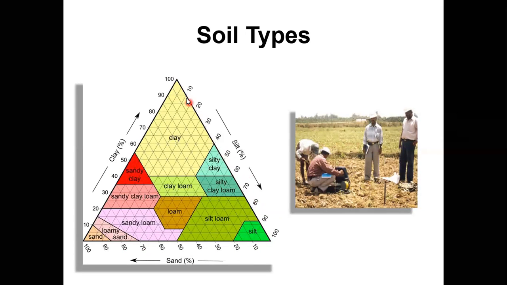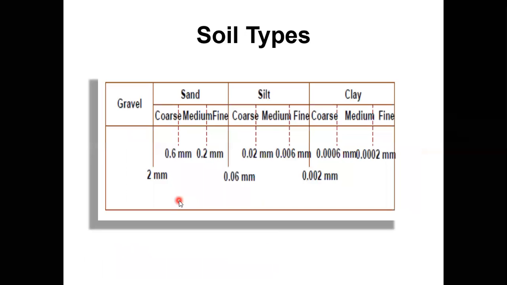Like that, different percentages of sand give different types, like silty clay loam and all these things. When you're talking about clay, clay is the finest particles of the soil. You can see 60 to 100% clay, you can call it clay, with sandy clay loam as a difference. This is a very simple way to differentiate what type of soil it is.